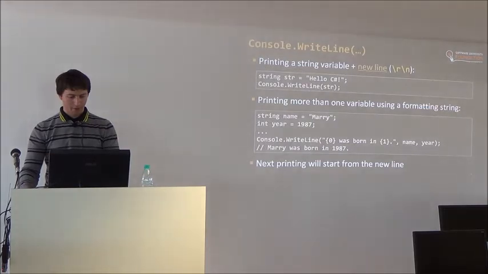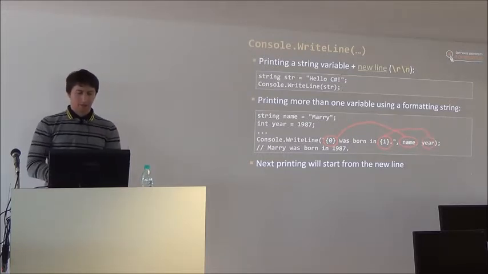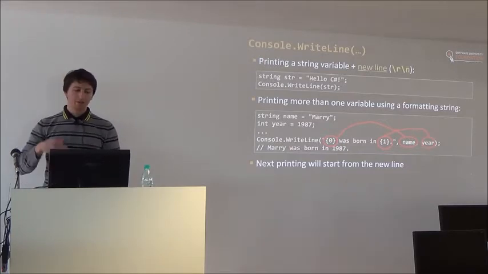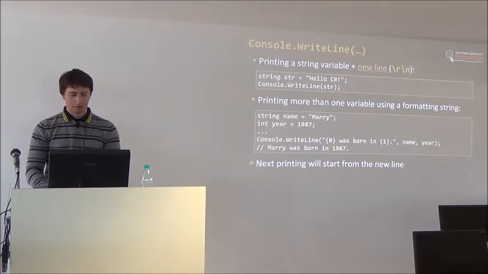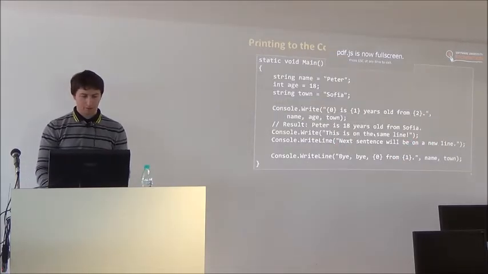Everywhere where you have the 0, it will be replaced with a name, and everywhere you have a 1, it will be replaced by the year. So in this string, you just get the name, which is Mary, was born in, and then the integer, which was 1987. So it's the behavior we expect.